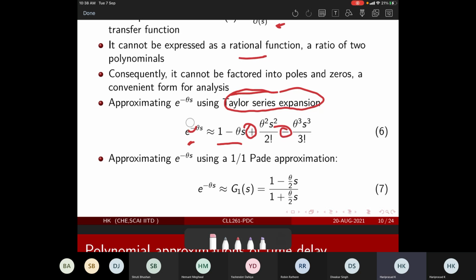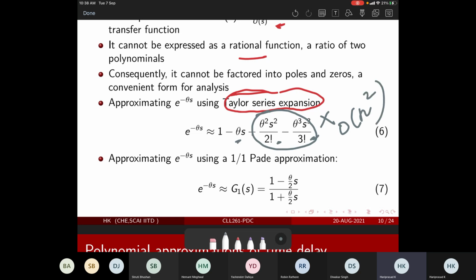So what would happen in this case? You have a first order term, a second order term and a third order term. Forget about the fact that you can neglect the second and third order terms, as we have done in the first order Taylor series, with error of the order of n square, which is fine.